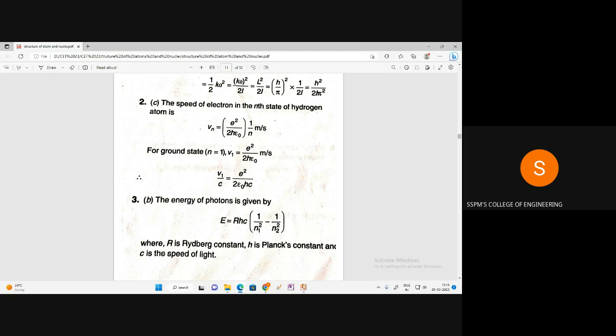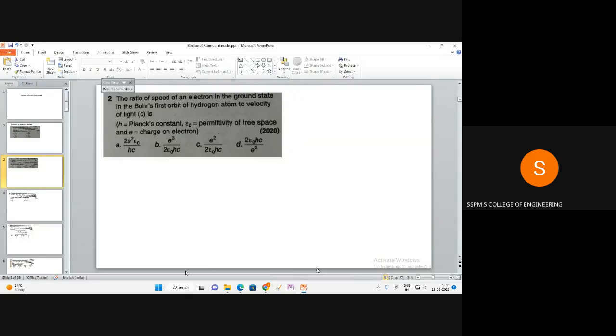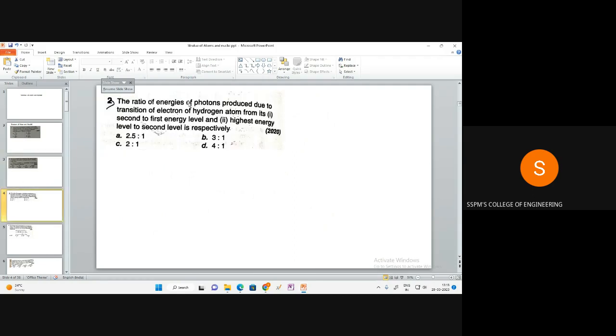Okay, now let us see third example. The ratio of energies of photons produced due to transition of electron of hydrogen atom from its second to first energy level and highest energy level to second level. It follows Bohr's third postulate.